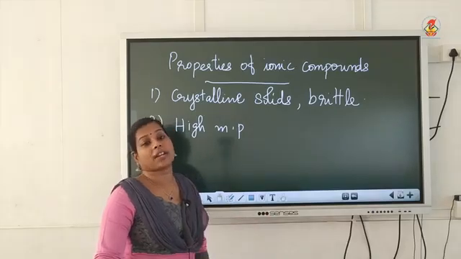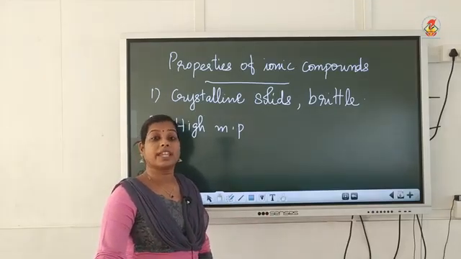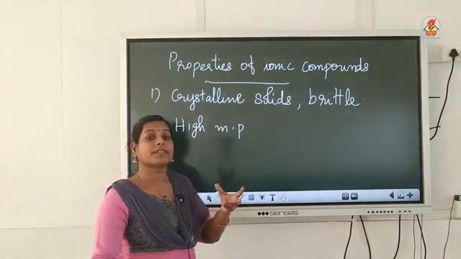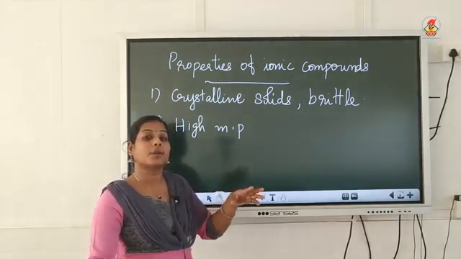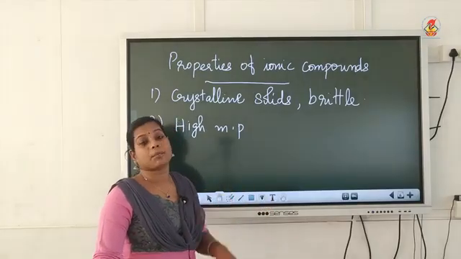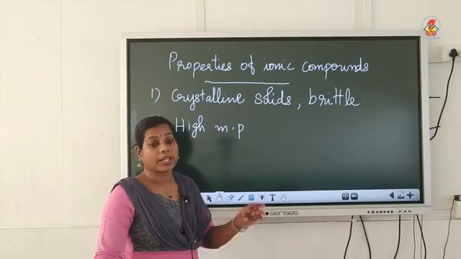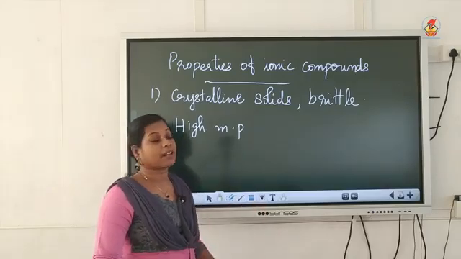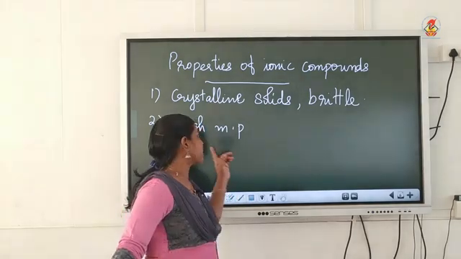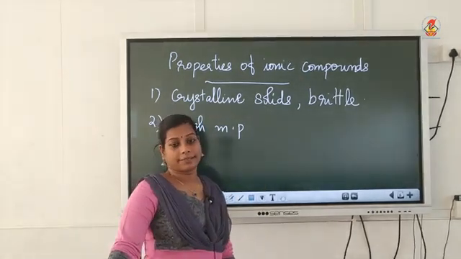The interionic force of attraction between them is very high. Because of that high force of attraction, if we want to convert them into liquid or any other states, we have to apply that much heat energy. So very high heat energy should be provided to convert them to the liquid state. So their melting points are very high.